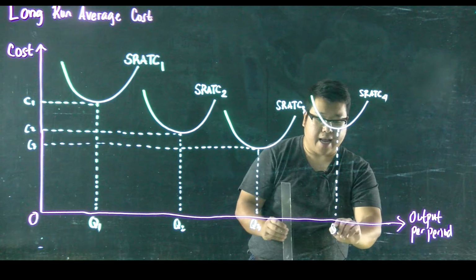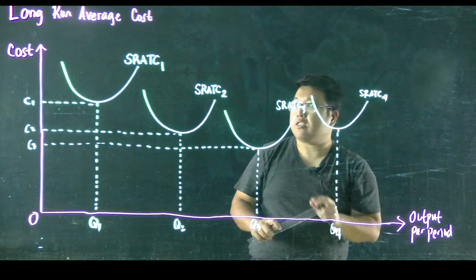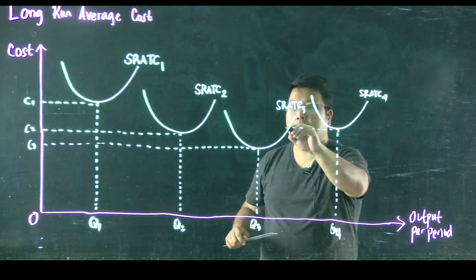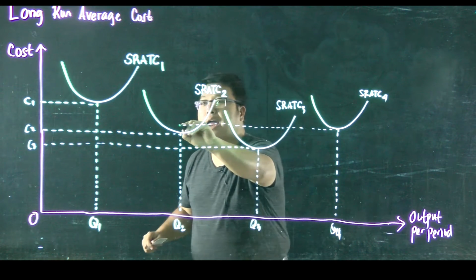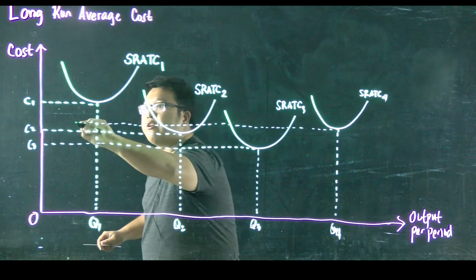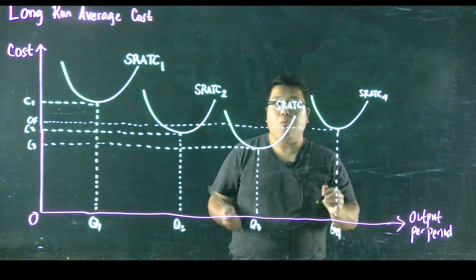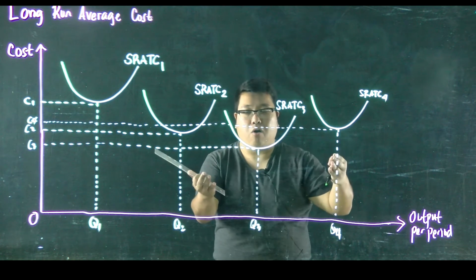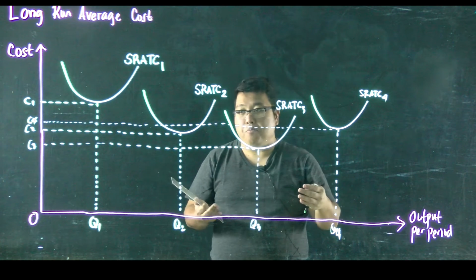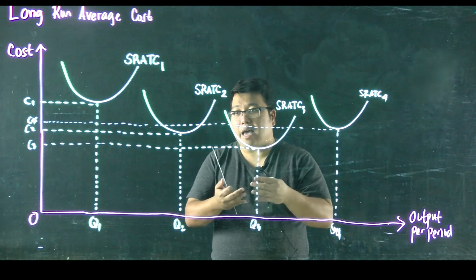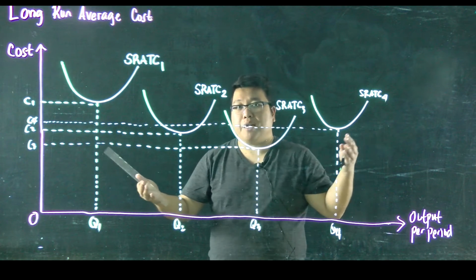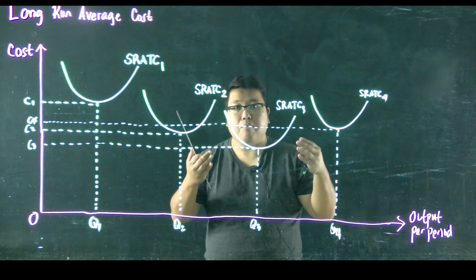Now what you see is that costs start to increase. I will call this C4. What could explain this increase in cost? It could be that the firm has become so large that it has become costly to manage.